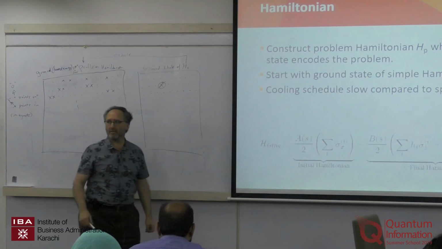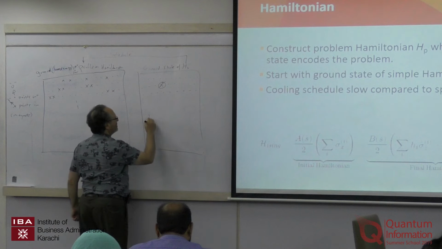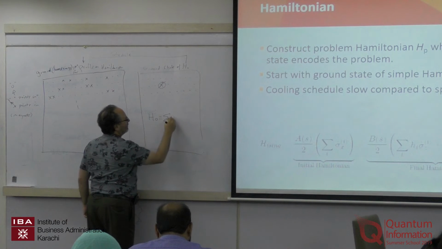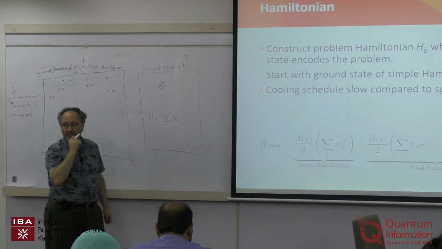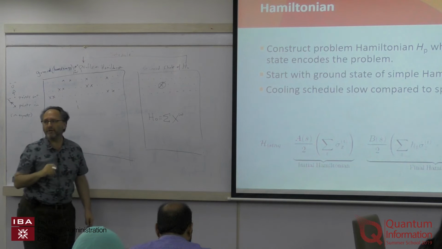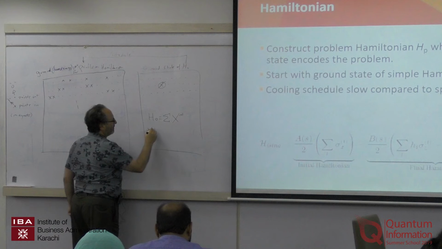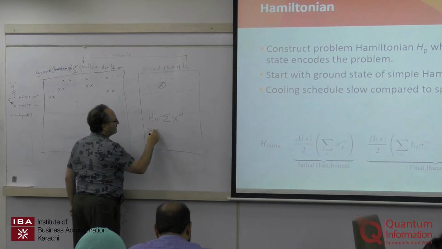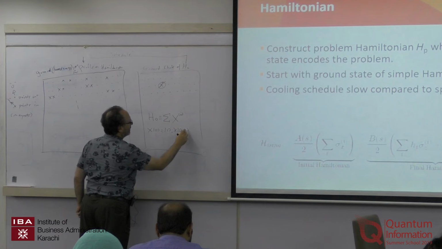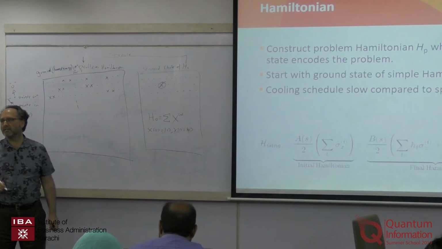No? Doesn't look like it makes sense. Okay. So in this case, H naught equals the sum of, and I'll just write it as the Pauli operator x i. So what are the eigenstates of x? X of 0 is 1. X of 1 is 0. So what would be the eigenstate of x?